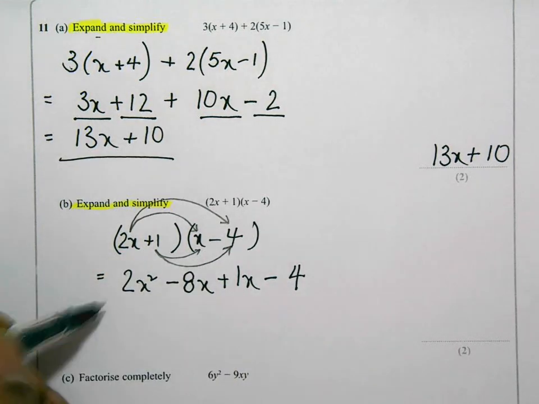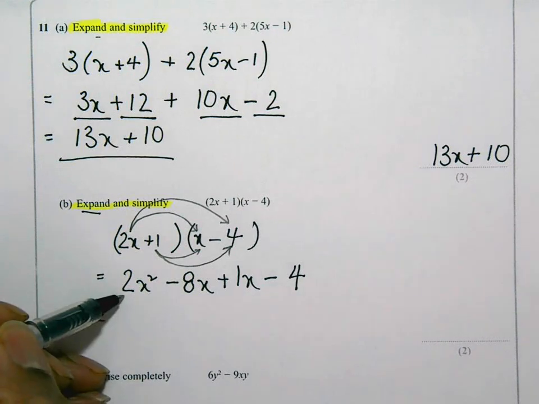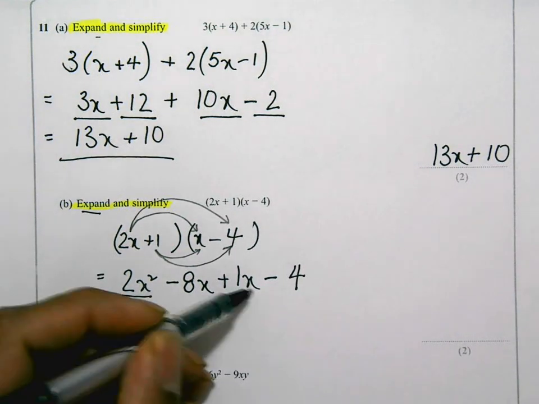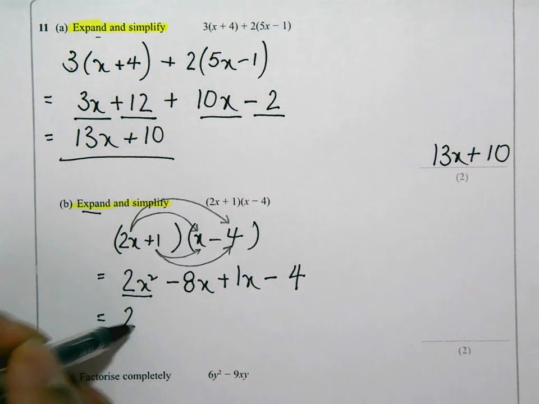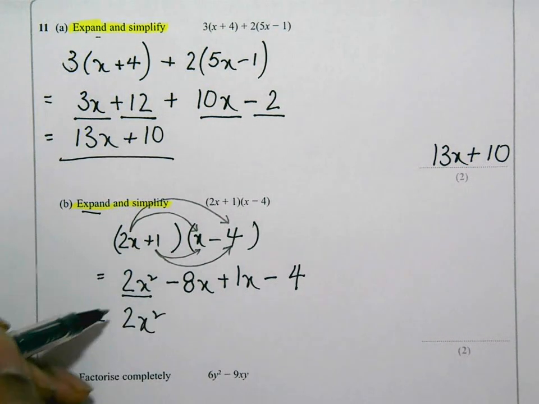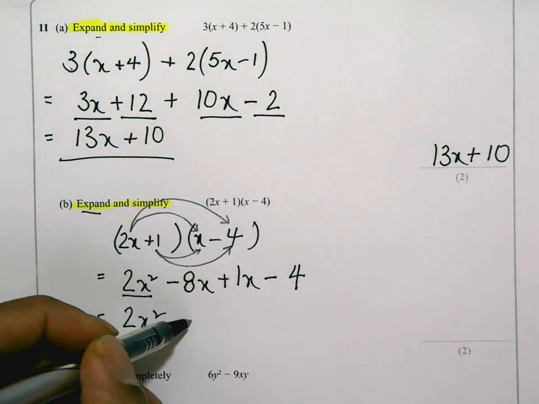So what I've just done is I've done the expanding bit, and now I need to simplify. And there are 3 different types of terms here. There's x squared terms, there's x terms, and there's a number term. So there's only 2x squared, minus 8x plus 1x. That's going to be minus 7x altogether.